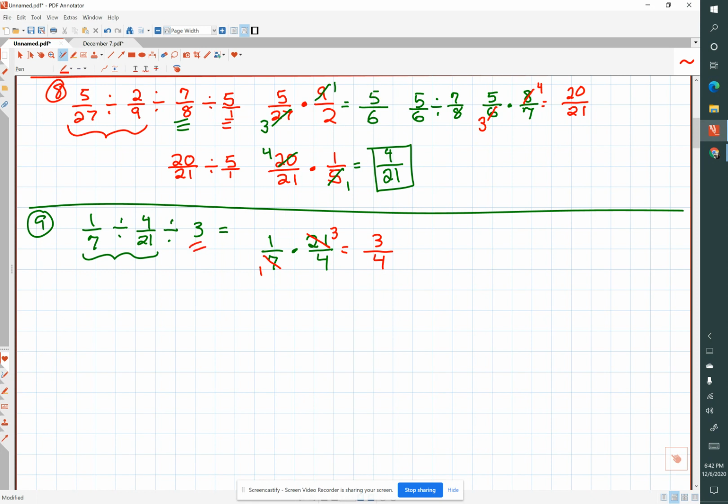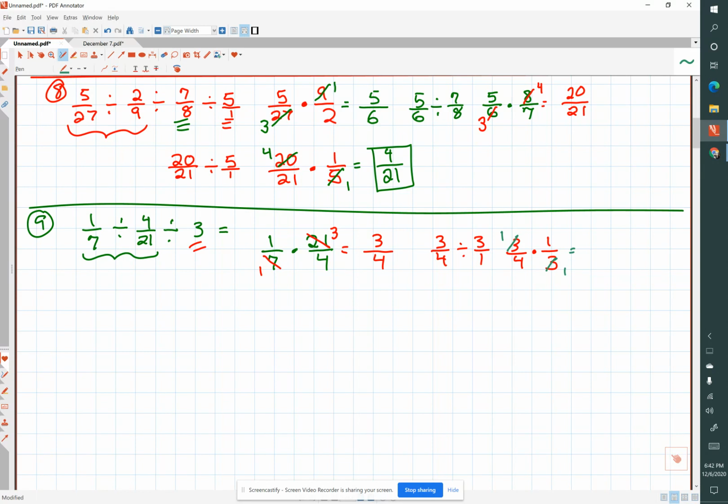Now I have to do the final 3 there. So I will do 3/4 divided by 3, which I will put over 1. To solve this, I will multiply 3/4 by the reciprocal of 3 over 1, which is 1/3. And I can see how I can make this problem easy to solve because 3 divided by 3 is 1.